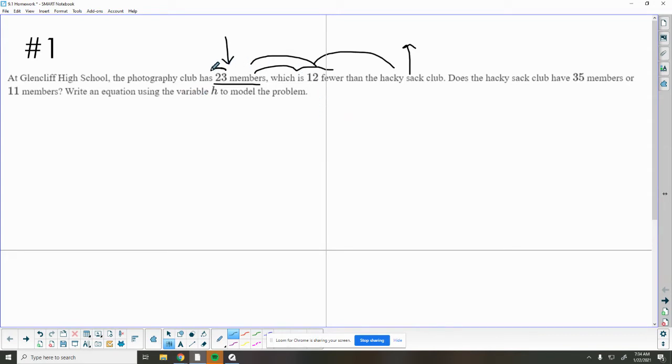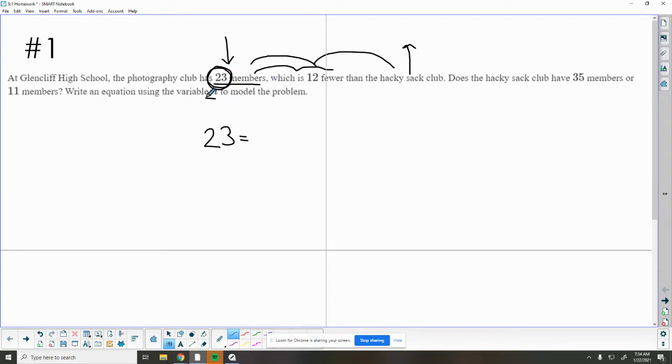So we know that the photography club has 23 and the Hacky Sack Club has more, right? The photography club has 12 fewer, so that means the Hacky Sack Club has 12 more. So we're using H to solve our problem here. We know we have 23 students, and we want to figure out an equation to represent these 23.